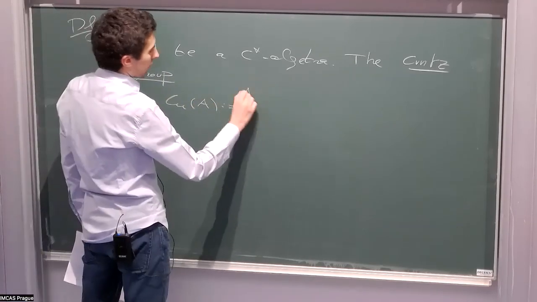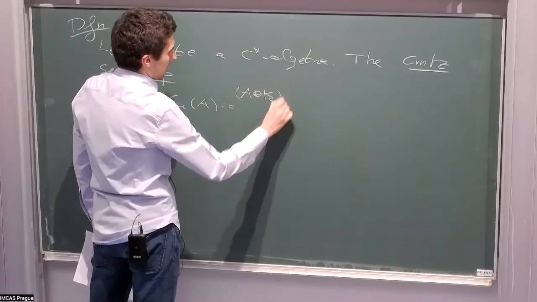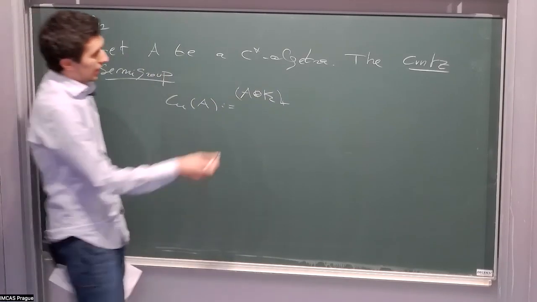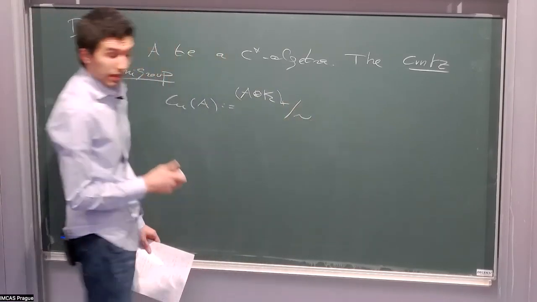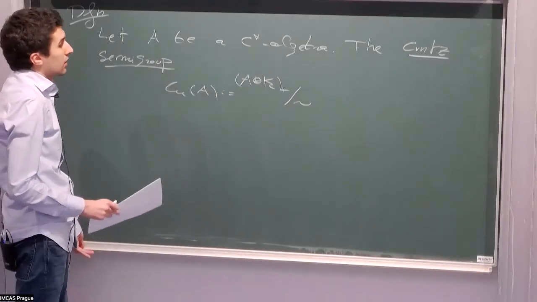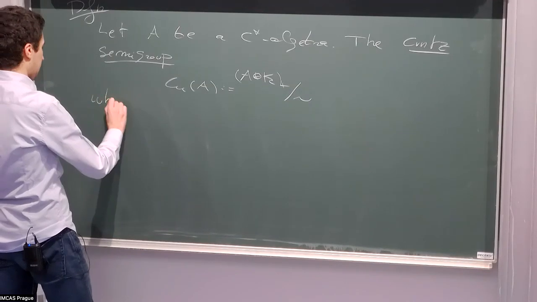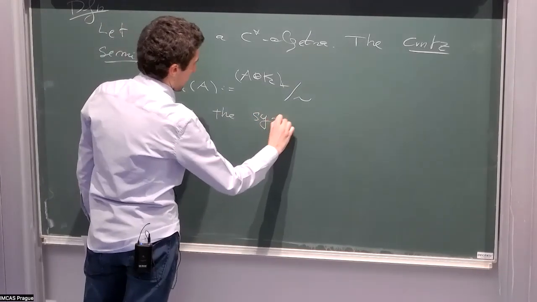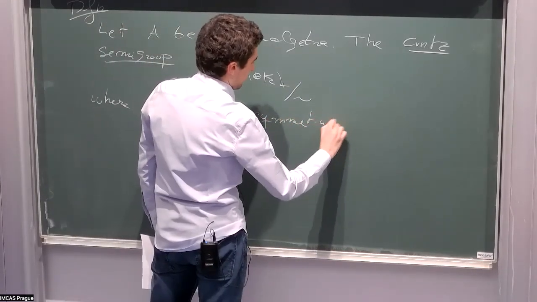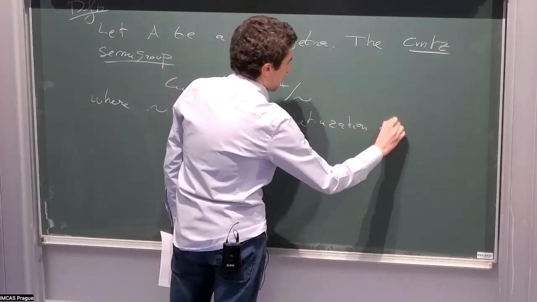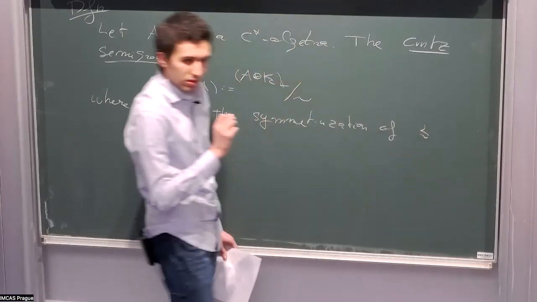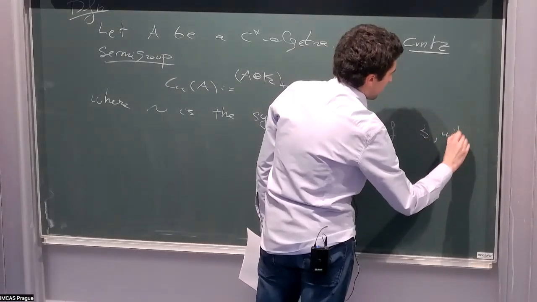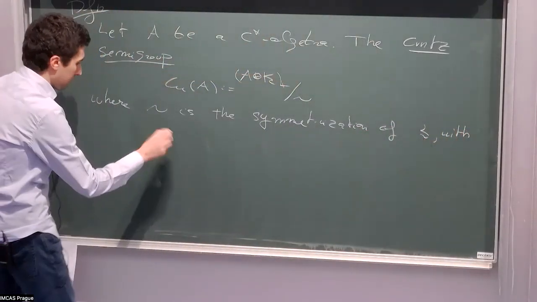So you take all the positive elements in the stabilization of A, instead of taking the projections, which is what you do for the K0 group, and you quotient this out by an equivalence relation, where this equivalence relation is the symmetrization of the subequivalence relation, and I swear that this is going to make sense, with this subequivalence given by the following definition.